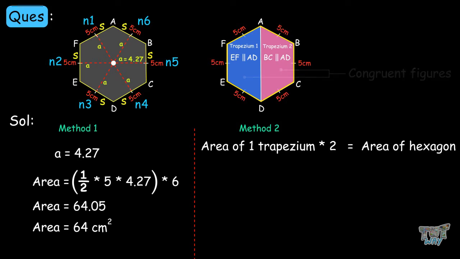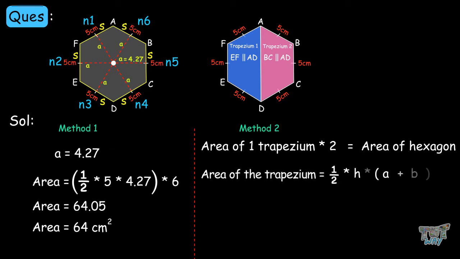How do we find the area of the trapezium? The formula for finding the area of a trapezium is half multiplied with the height times the sum of the two parallel sides. In order to find the area of the trapezium with this method, we are missing two of the figures. One is the height, and the second is the length of the side AD.